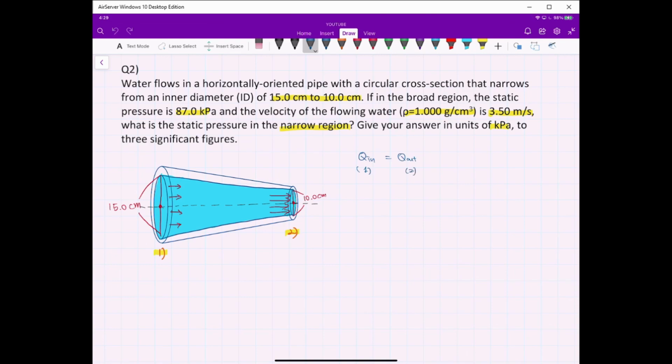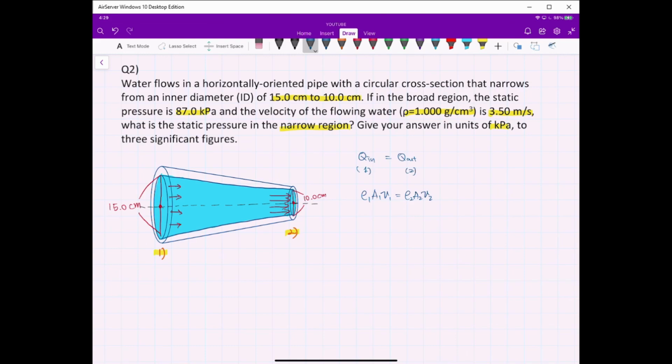And to calculate the speed of the fluid at position 2, we can use a continuity equation, which is rho 1 A1 V1 equals rho 2 A2 V2. In this question, the fluid running through the pipe is water, which is a homogeneous solution.